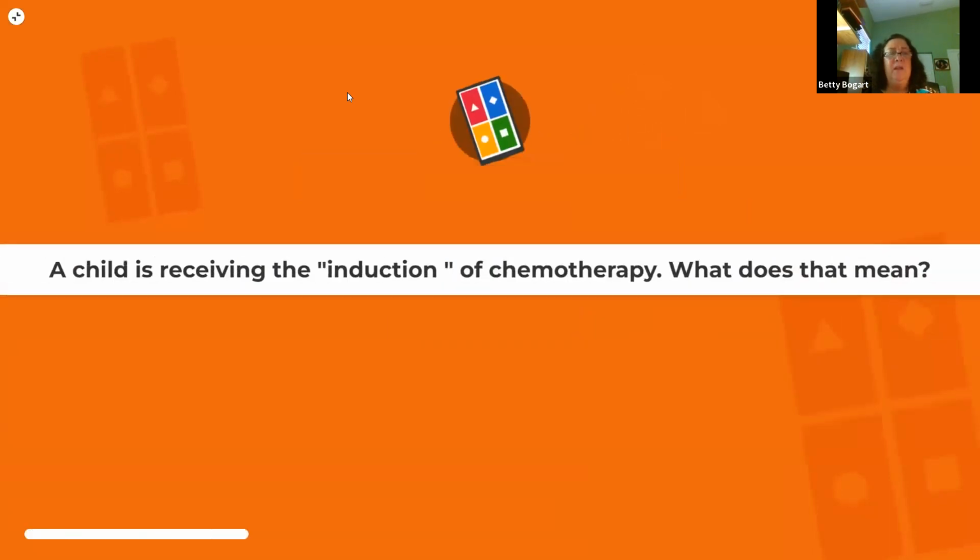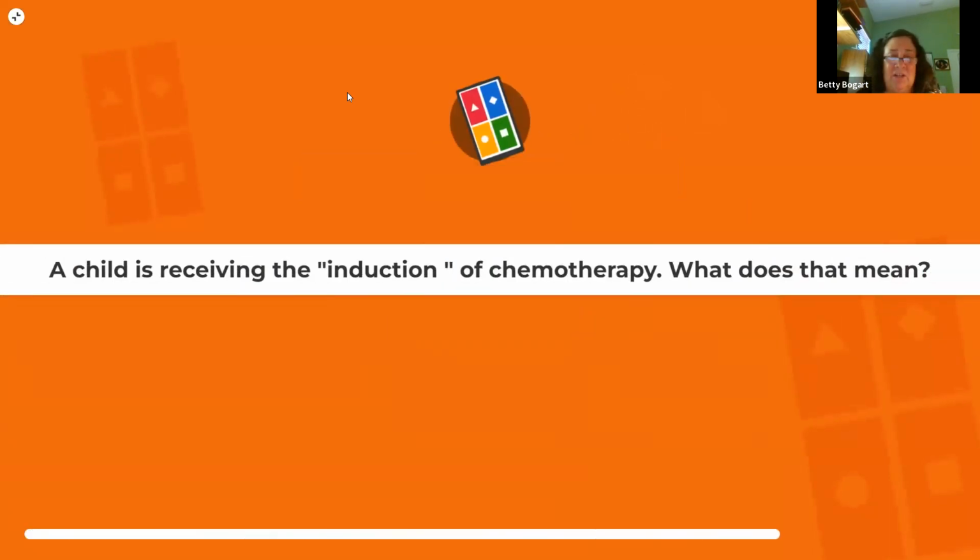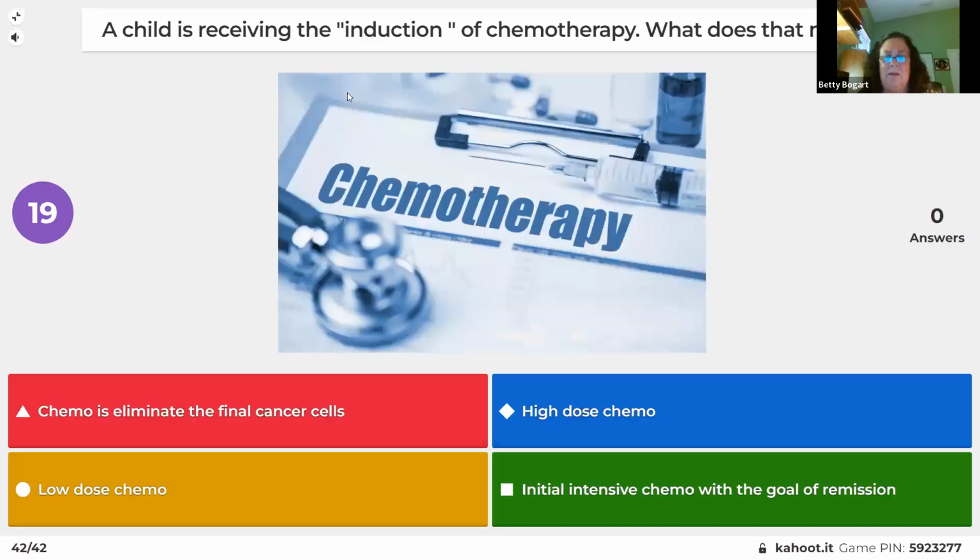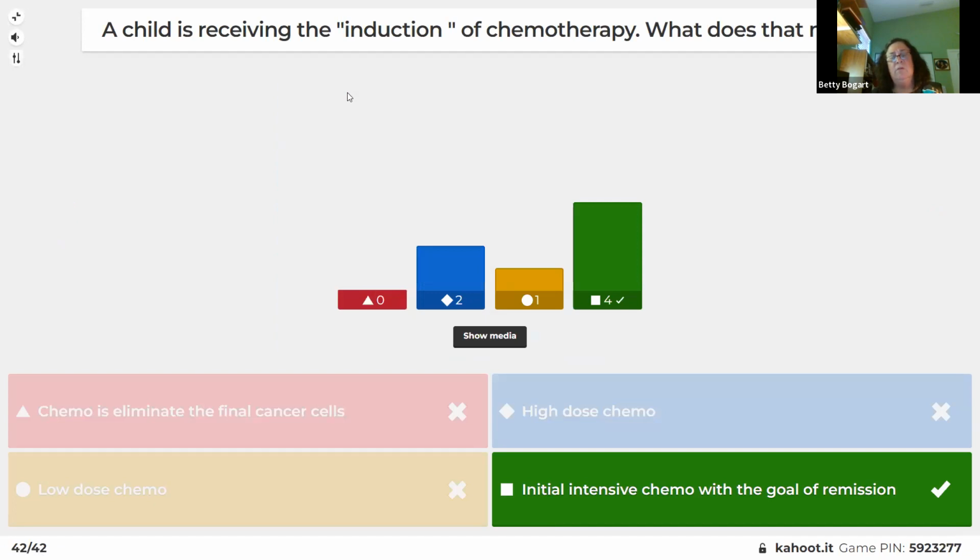Last question. A child is receiving induction of chemotherapy. What does that mean? What's induction? Remember, there's 4 stages. So induction is the first 4 to 6 weeks of chemotherapy.